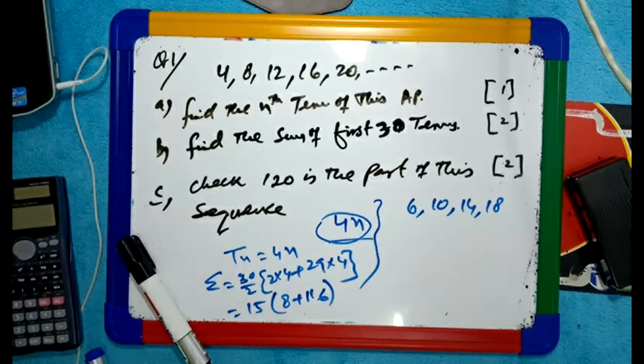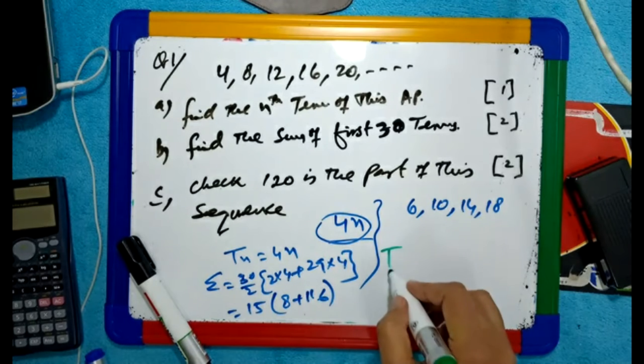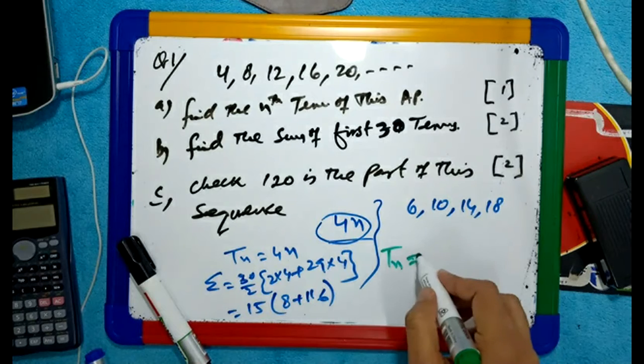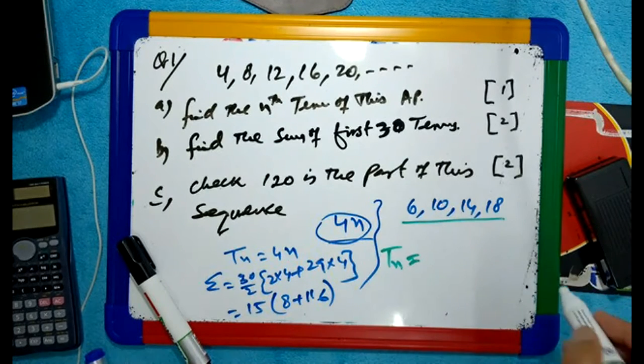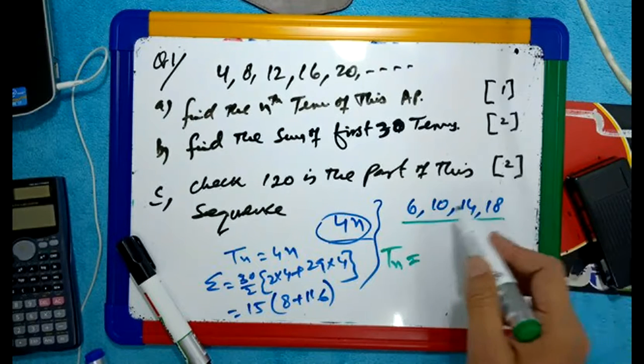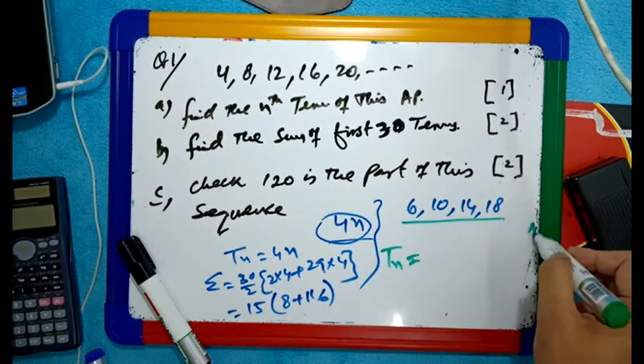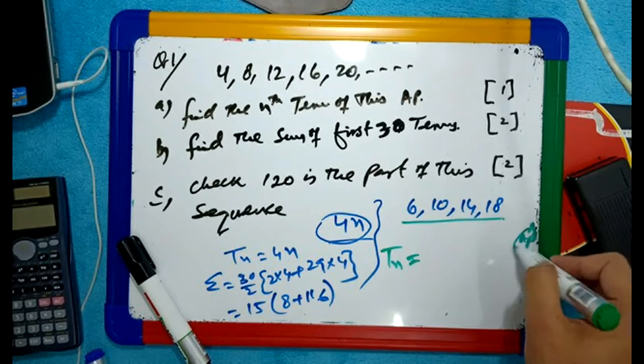I tell you one more easy way to find the nth term. See, this is my sequence. If you apply the formula a plus n minus 1 times d, you will find the nth term. But this is a quick way, only for arithmetic progression.